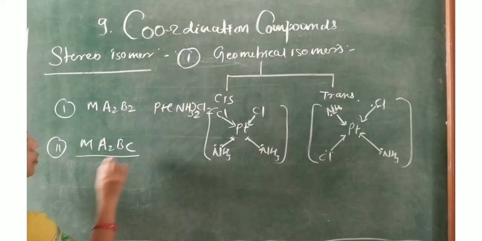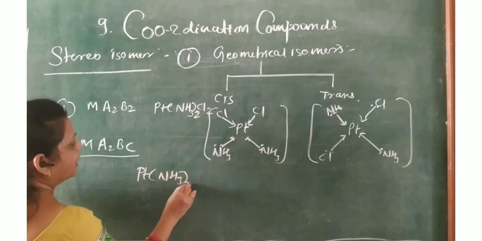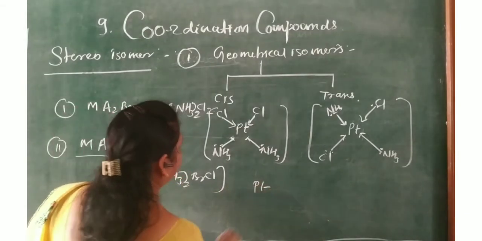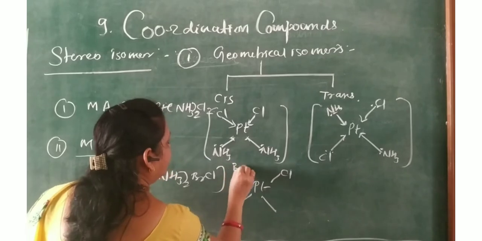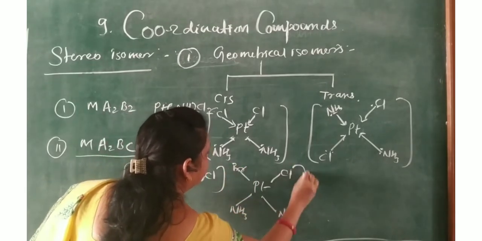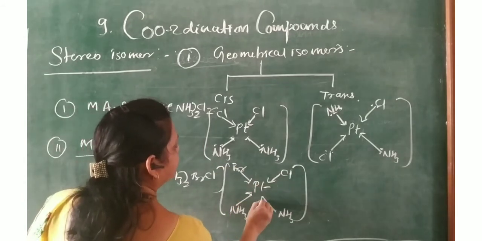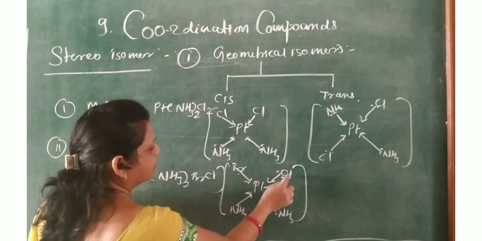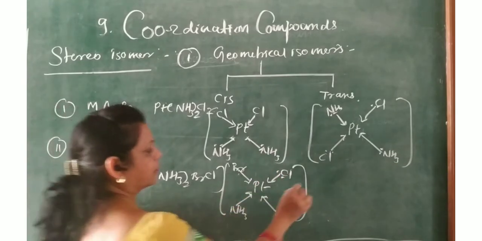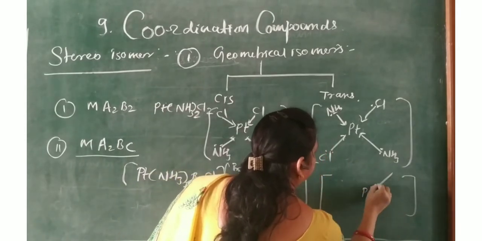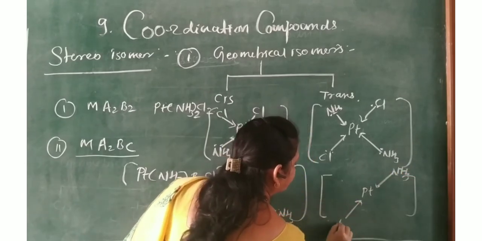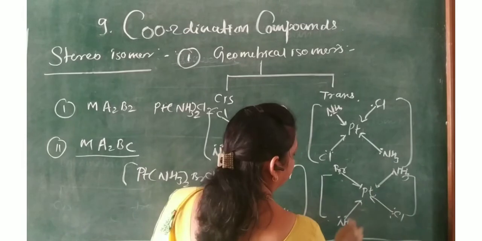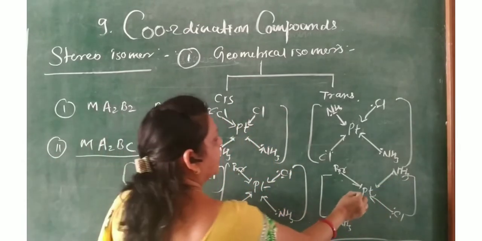If it is Ma2BC, for example platinum with (NH3)2, Br and Cl: here platinum, then Cl, Br, and NH3, NH3 are the ligands, the electron pair donors. In the cis form the same ligands are adjacent, and the remaining two are also adjacent. In the next one, platinum with NH3 and another NH3, then Cl and Br, similar groups are present on opposite sides and they are called trans.